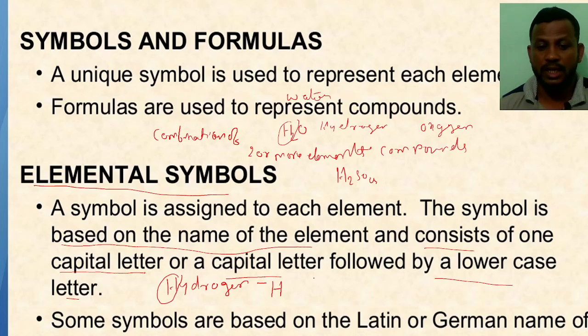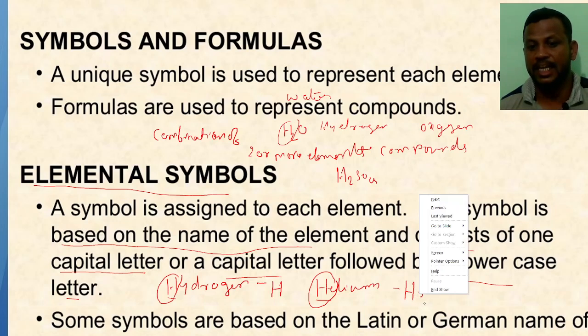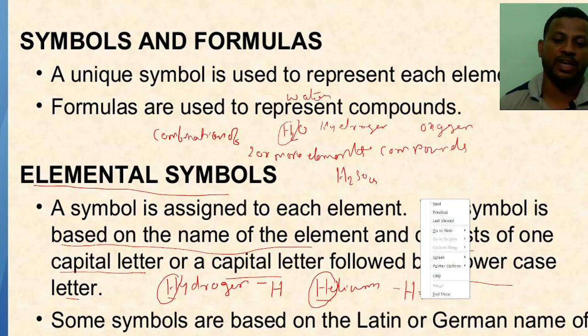If we have to write helium, you can observe that helium starts with H and hydrogen also starts with H. In this case, we use the second letter of that element to represent it. For example, H is capital and e is small, that is helium, right? Like this, we represent the elements.